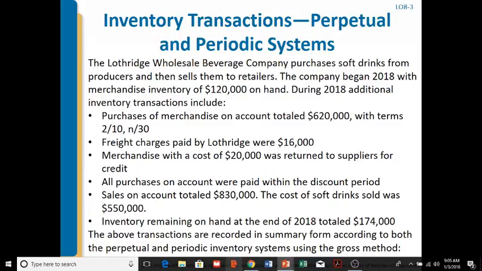All right, so I'm not going to go over this, but if you want to look at it, it's on page 423 in the book, illustration 8-6. It goes through and compares the perpetual versus periodic system, how they would record certain transactions.